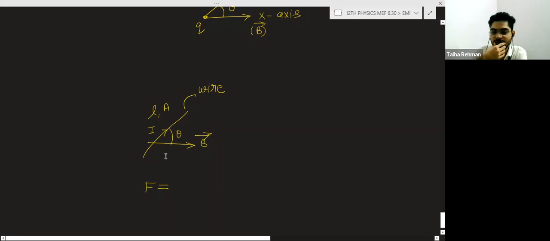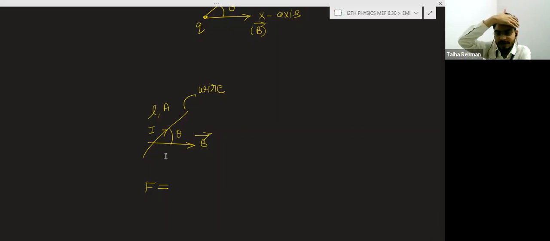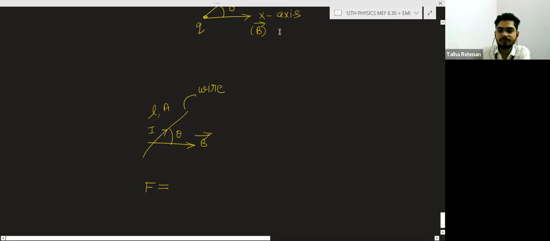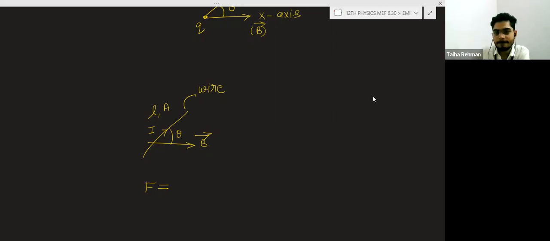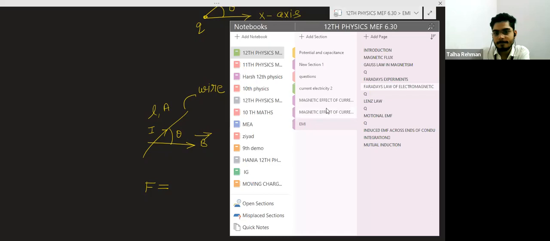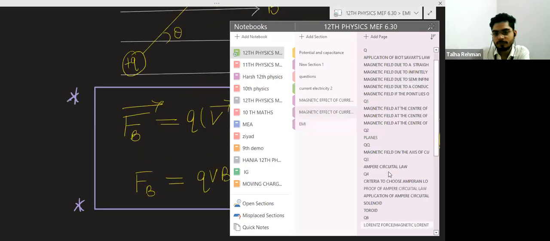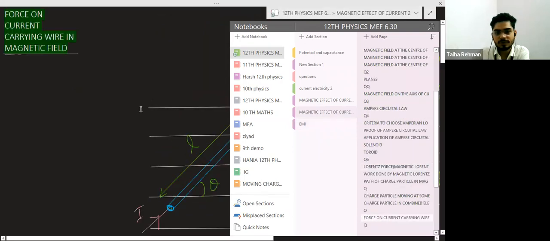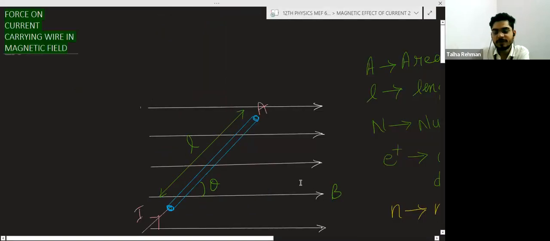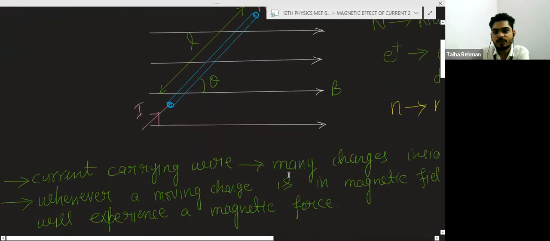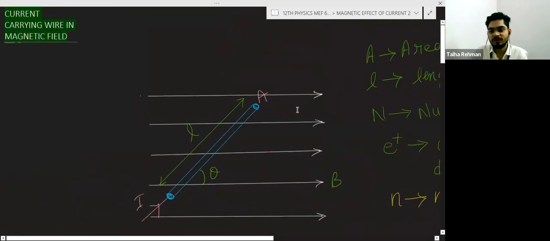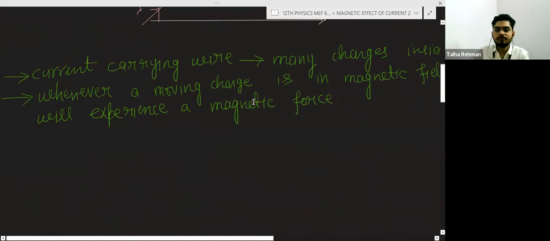I have derived this: force on a current carrying wire in a magnetic field. See here, this is the wire and this is the magnetic field. qvB is different.